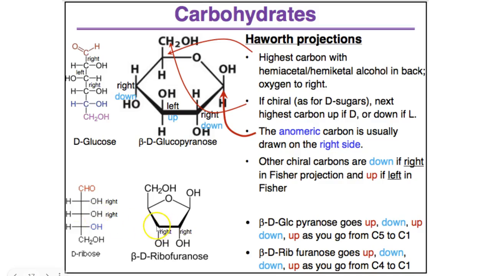That is associated to this carbon. So right is down. And then this carbon is associated with this carbon, and it is pointing right again, so it is down in the Haworth. This takes a little bit of practice visualizing. So, of course, I'm going to give you these slides for you to sit down and look at these structures and see how to visualize going between the Fischer projection and the Haworth projection.